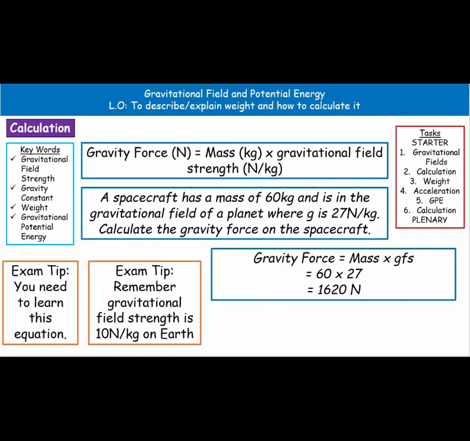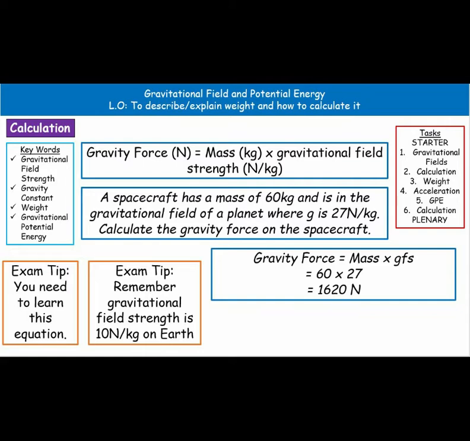Now, the next thing we're going to have a look at is just an example of how we can use this. A spacecraft has a mass of 60 kilograms and is in the gravitational field of a planet where g is 27 newtons per kilogram. Calculate the gravity force on the spacecraft. What we do, as always, when you read the question is underline, highlight or circle the key information, and then the next step is we write down the formula we are going to use.